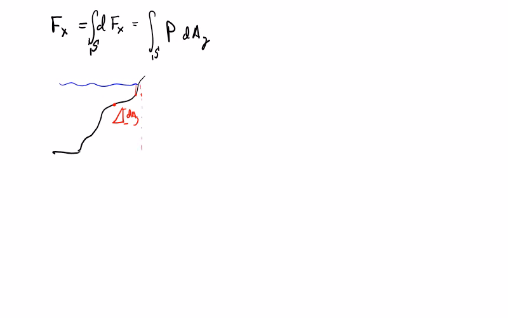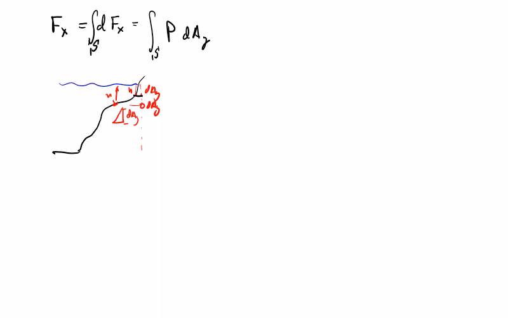So if I think about what this integral is really doing, here's my h, and here's my dAy, and then here would be an h, and here's my dAy. If that's just a planar surface, really what this looks like is the force on a flat surface that's perpendicular to my water.